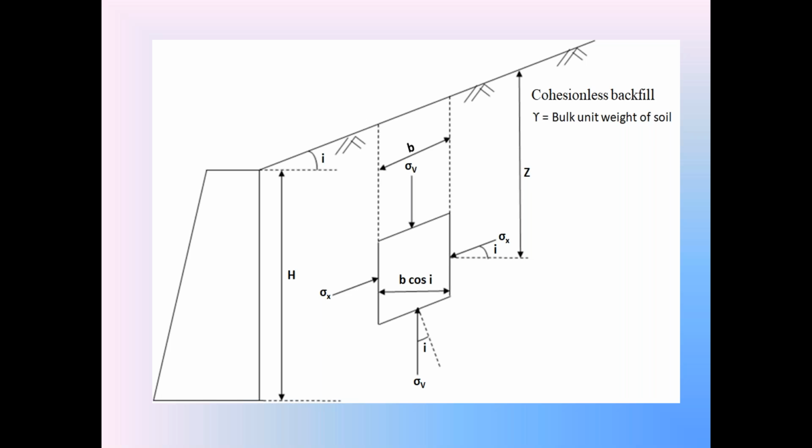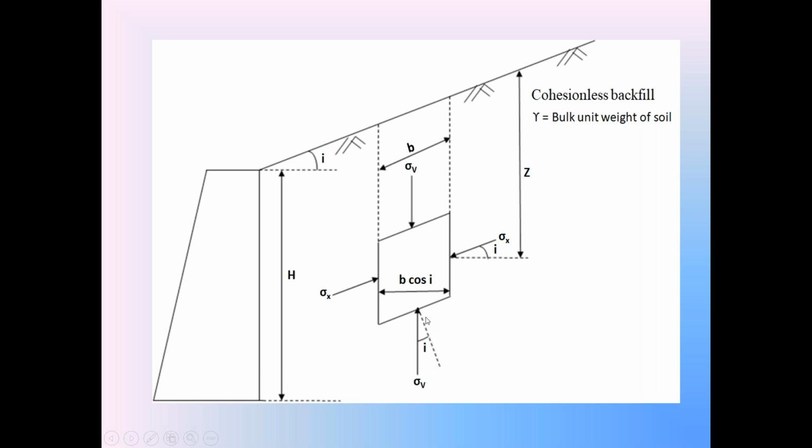So in this inclined backfill surface, let sigma 1 be the principal stress acting on the soil element, perpendicular to the top of the element and also the bottom of the element. Similarly, sigma 3 is the horizontal principal stress acting on the element, perpendicular to the vertical sides of the element.